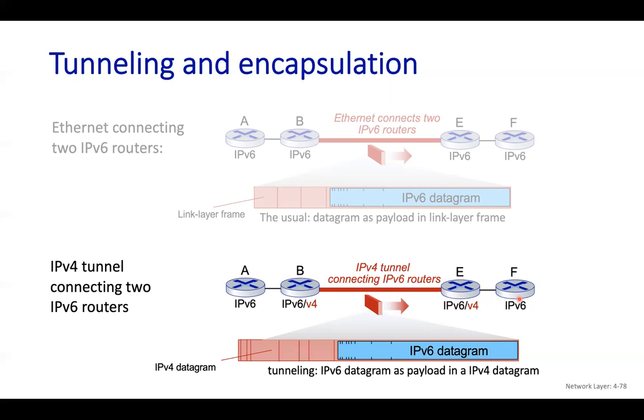The idea is very similar to the different layer encapsulation and decapsulation, right? You just have another function to wrap IPv6 into IPv4 and use IPv4 to propagate, and then take out the IPv6 for the next message propagation, right?